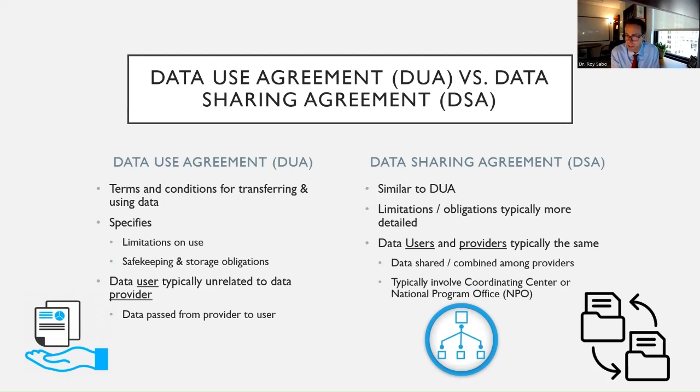Data sharing agreements are different because they're usually organically created by a group of individuals who are sharing data, or who are, like in the Alliance, sharing data with one place or with a central location, a coordinating center, if you will. So the DSA borrows some of the same ideas from the data use agreement. It just usually requires much more specificity because the relationships between the users are usually much more complicated. For instance, in a lot of the consortiums we've done in the past, like the Alliance, there are effectively 8 separate research projects, all related on the same topic or disease or condition, who've made some pre-arrangement to share combined data.